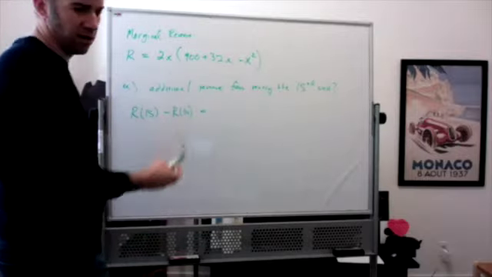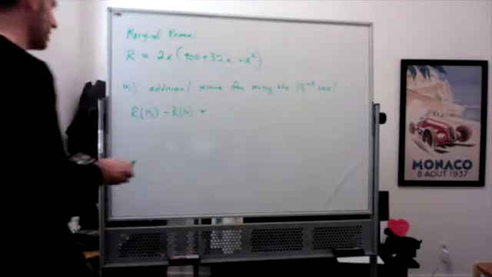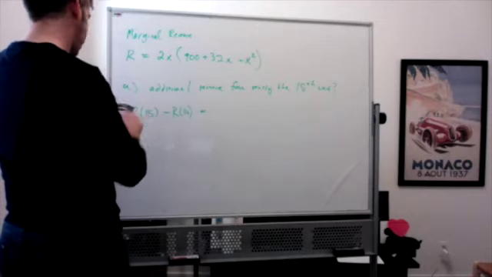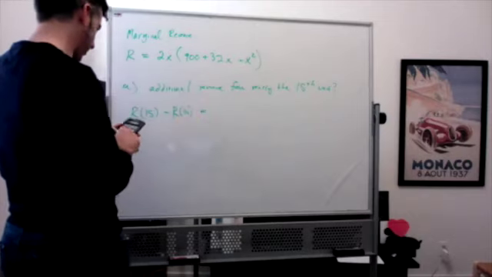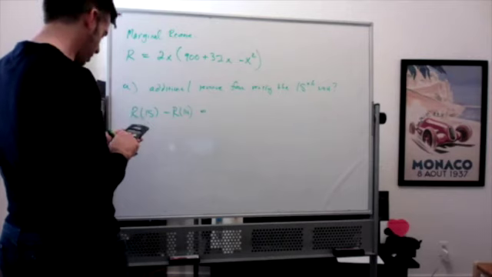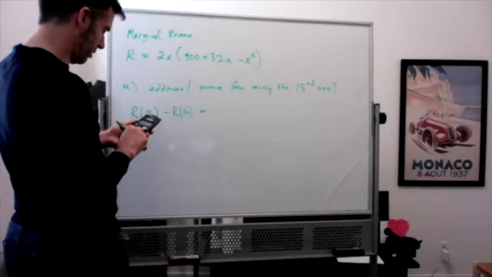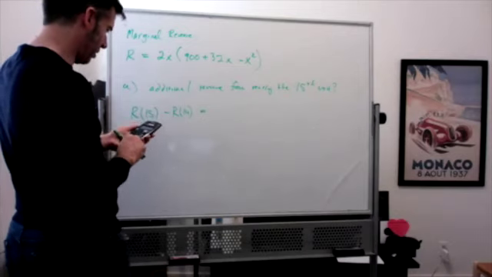So we plug it in. I should get a calculator so we can find some values. Plugging in 15, 32 times 15 is 480. 900 plus 480 minus 15 squared, which is 225, gives 1155.